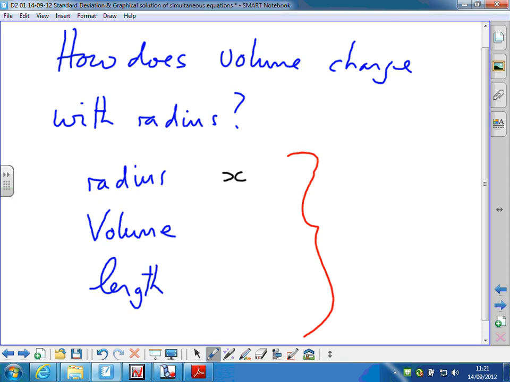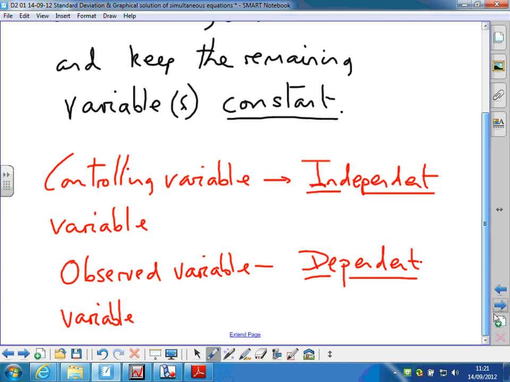The independent variable on a set of axes always goes on the x-axis. So if we go back to here, the independent variable goes on the x-axis always. And the one that we're observing goes on the y-axis. So if you're asked to plot a graph, invariably you put the one you're controlling on the bottom axis, the x-axis.